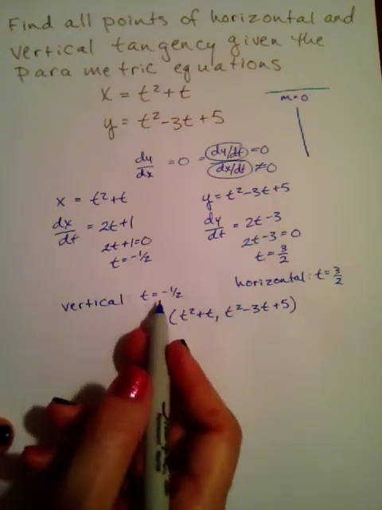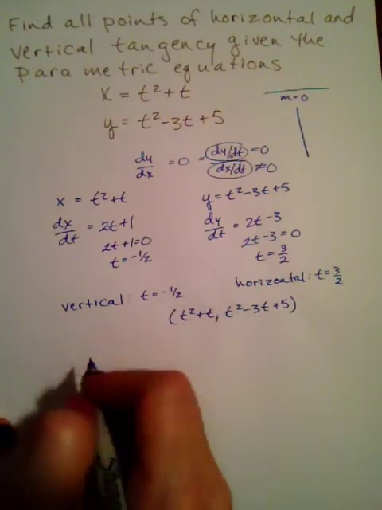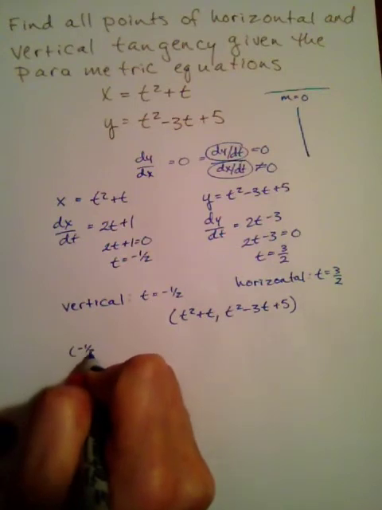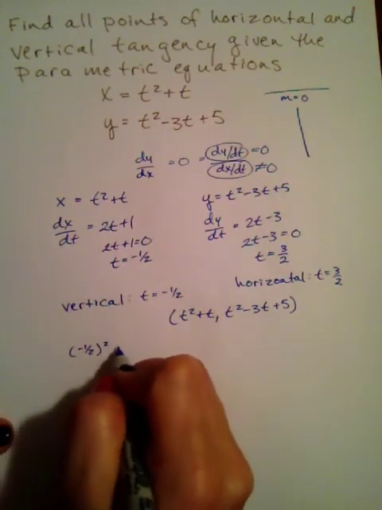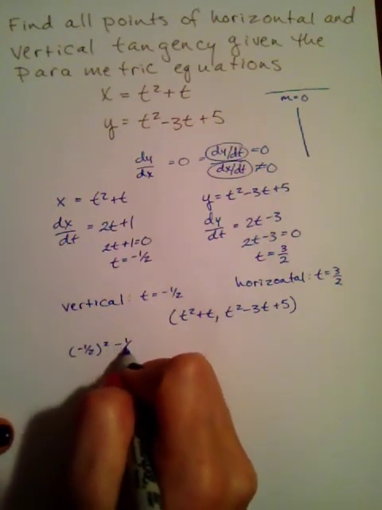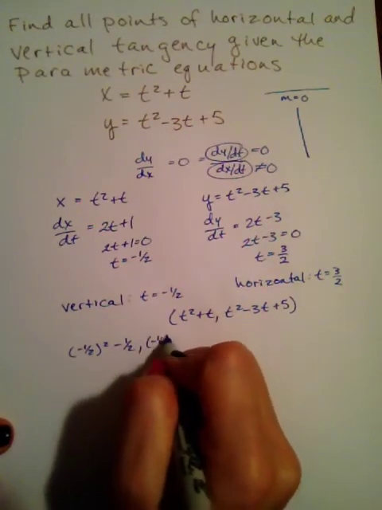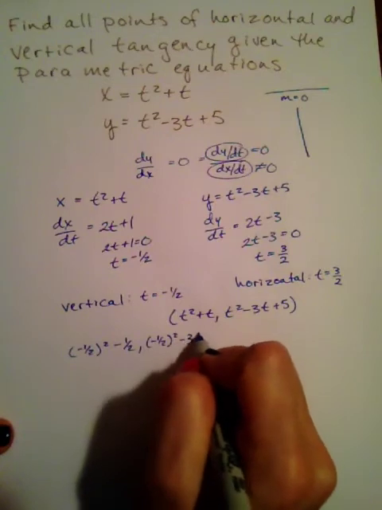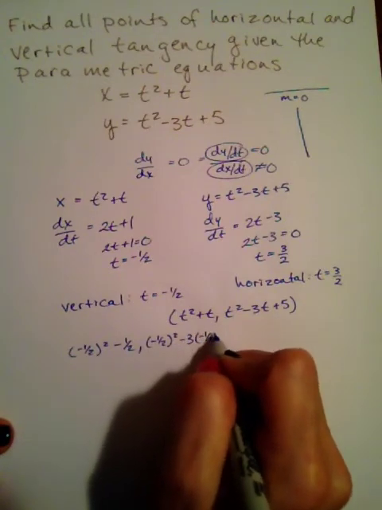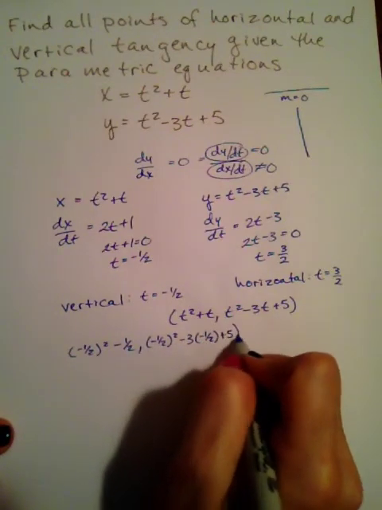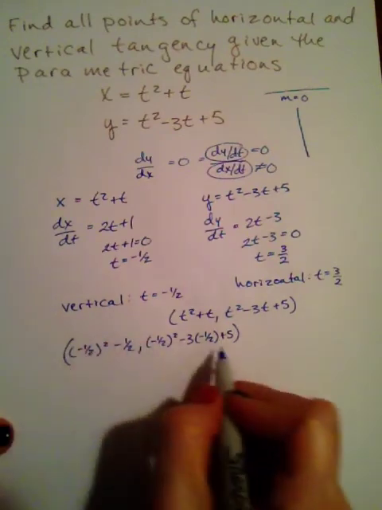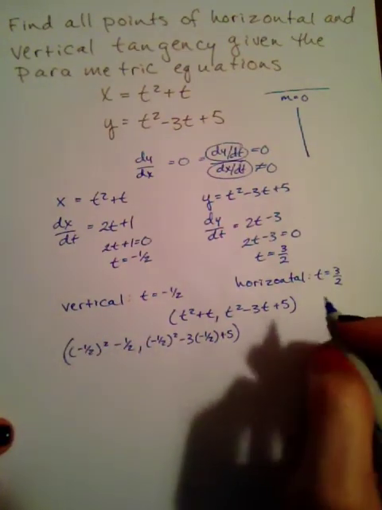So for our vertical point, I'll evaluate this at negative 1/2. So I'll say negative 1/2 squared plus a negative 1/2, so minus 1/2, comma, negative 1/2 squared minus 3 times negative 1/2 plus 5. And whatever this yields will be our point for a vertical tangency.